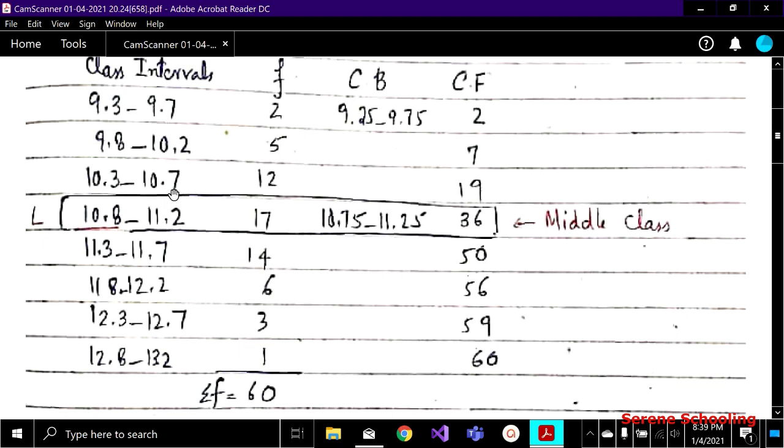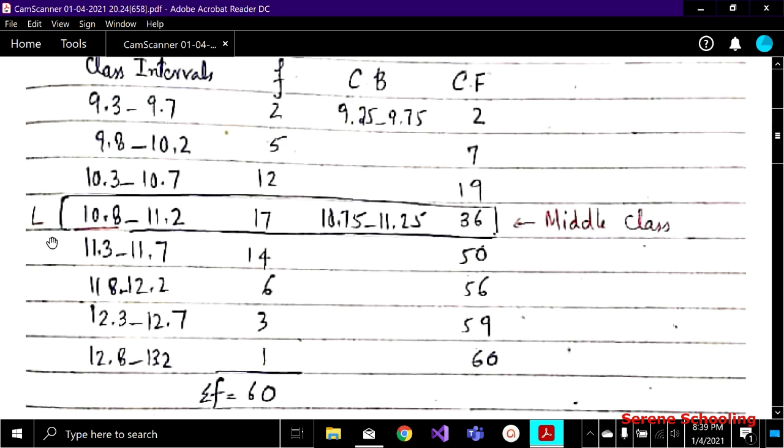This is 10.7 and here we are not getting 10.7, which means there is some gap between these two classes. So these are our class limits. We have to find the class boundaries. I'm just dealing with the one that we need for our formula.